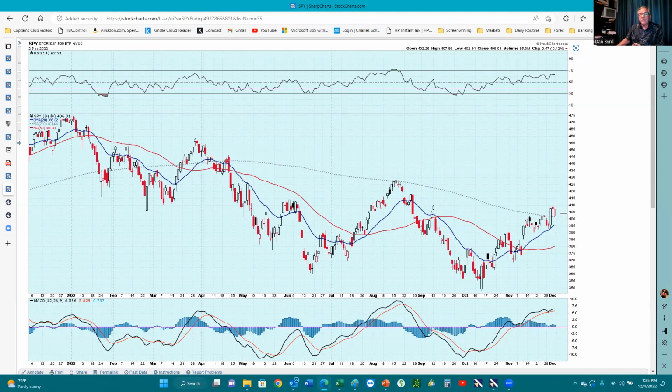Like this one here on Friday, even though it's red, because it actually ended the day lower than Thursday, it opened way down here and it traded up all day long. So it's an open candle. The open ones basically mean that it closed higher than it opened.